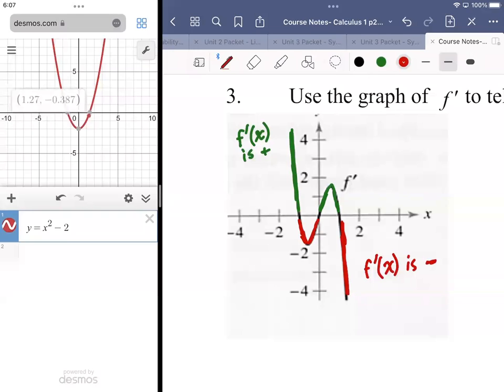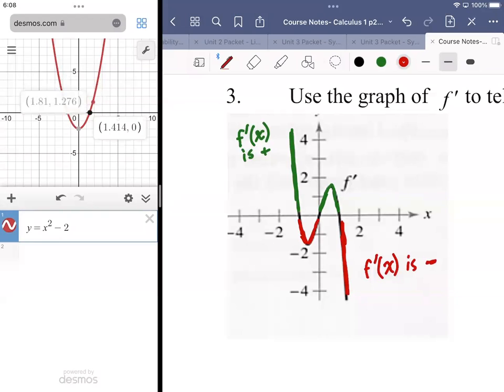For any value that I select in this interval, from negative radical 2 all the way over to positive radical 2, all the y values that correspond with that would be negative. And anything beyond those points, all the y values are positive, all right?